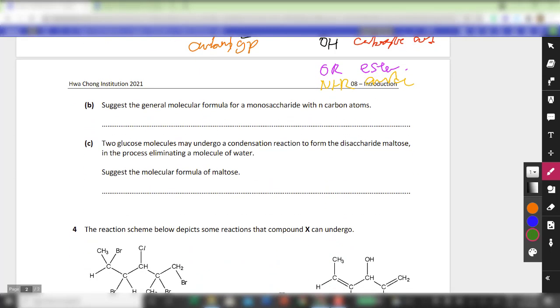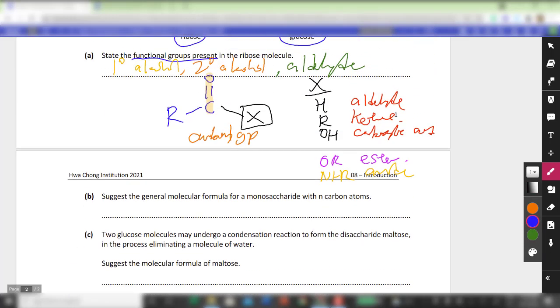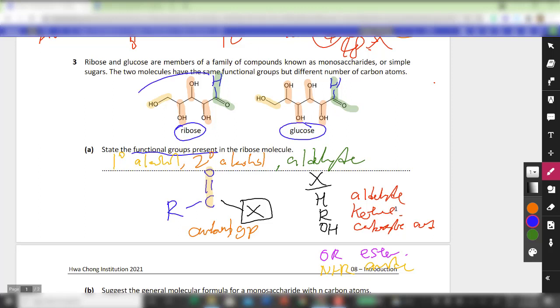Then for part B, you're supposed to suggest the general molecular formula for a monosaccharide with n number of atoms. If you do a quick scan across these two, you notice that they follow a relatively similar pattern.